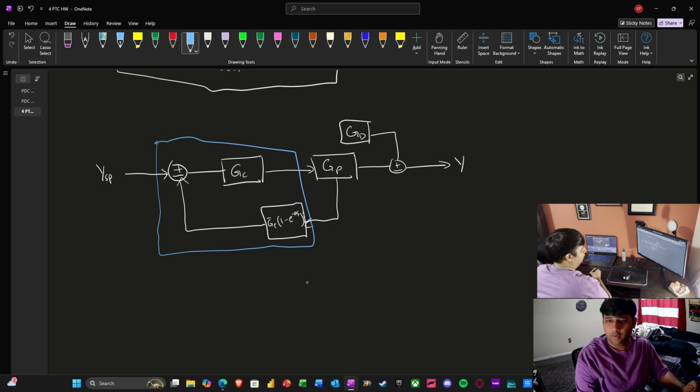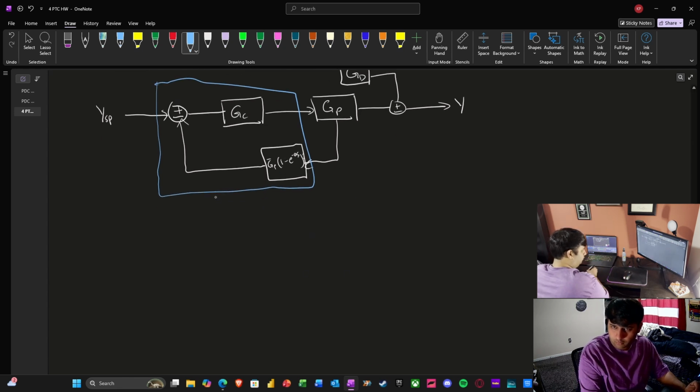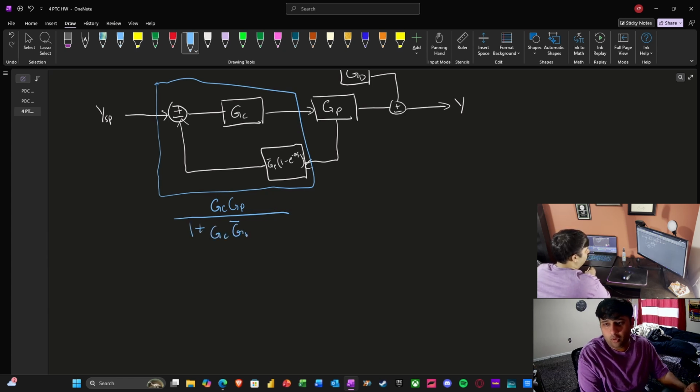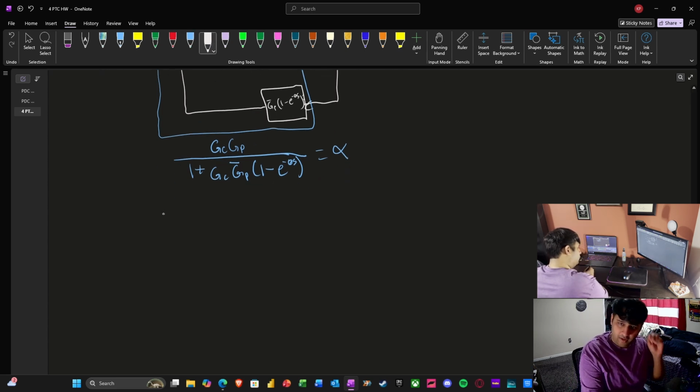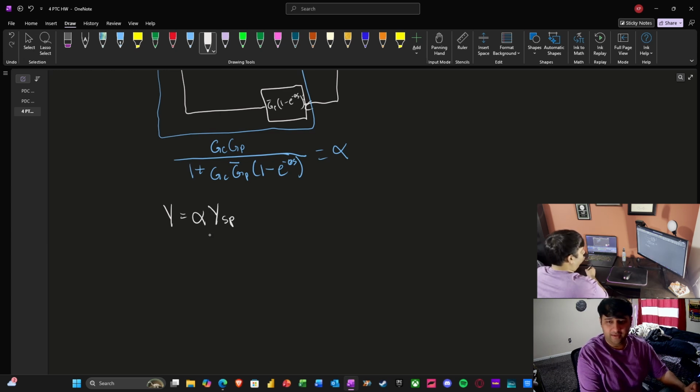I drew a little envelope, which is going to be represented by GC times GP over 1 plus GC times G bar P times 1 minus e to the negative theta s, which for simplification and to make it easier to derive, we're going to call alpha. So in our main equation, y equals alpha times y set point. And again, this is going to be this.